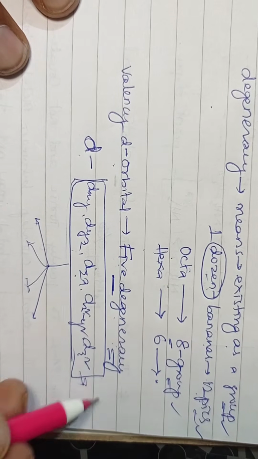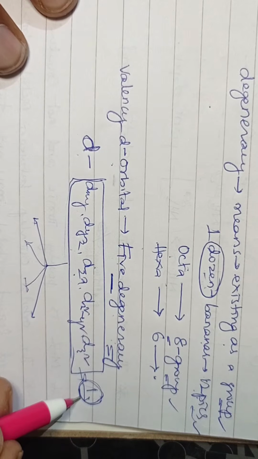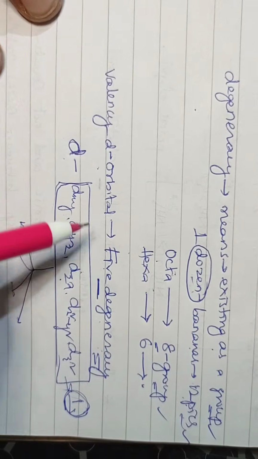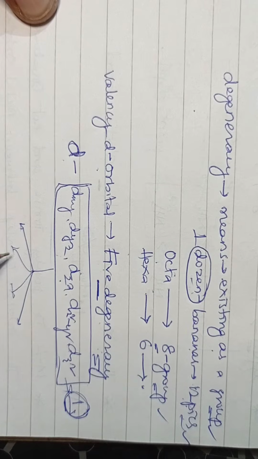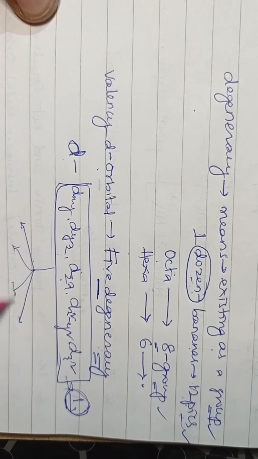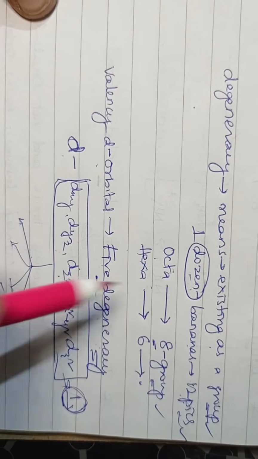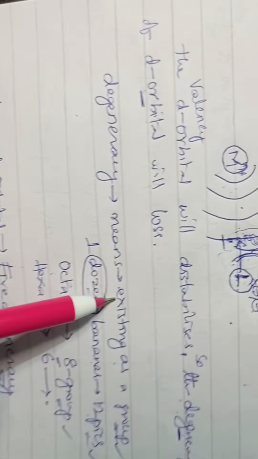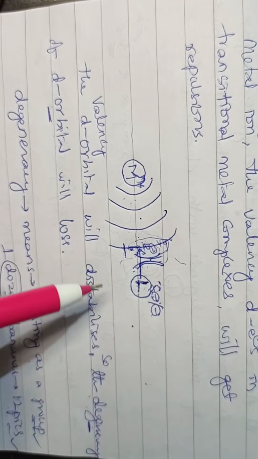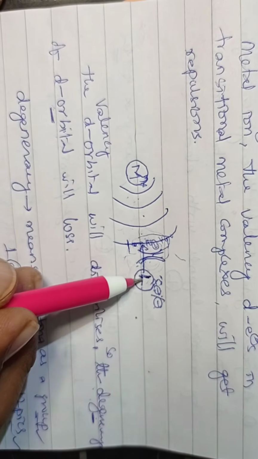Here they are in one group, but after this metal to ligand interaction in the complex, the 5 orbitals get split into different numbers of groups, right? This is nothing but loss of degeneracy in the metal valence d orbitals of transition metal complexes.